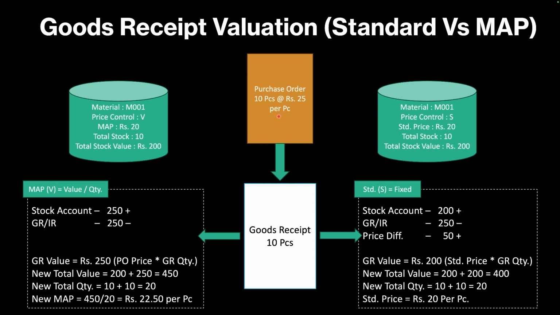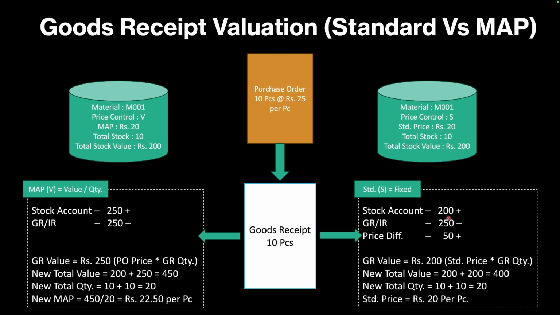Because in the material master record, you have maintained the price control as S, and you have told the system that the material valuation is not to be changed. So system will take the quantity from the goods receipt and value from the standard price in the material master record, and will post 200 rupees in the stock account.